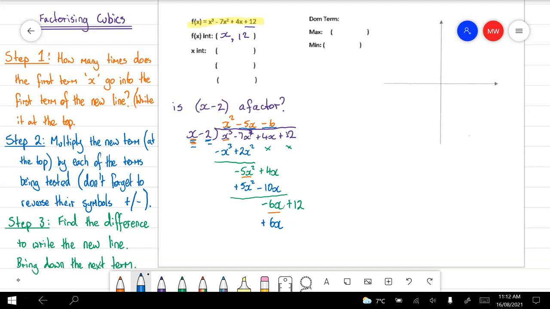Minus 6 times minus 2 makes positive 12. We'll write it in as minus 12. Difference between these, step 3. Minus 6x plus 6x makes nothing. Positive 12 minus 12 makes nothing. So, yes, it is a factor.